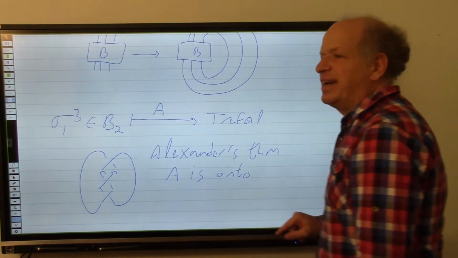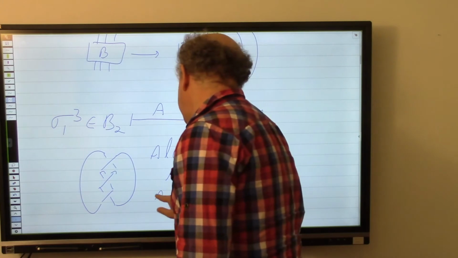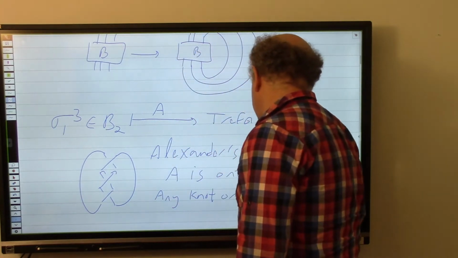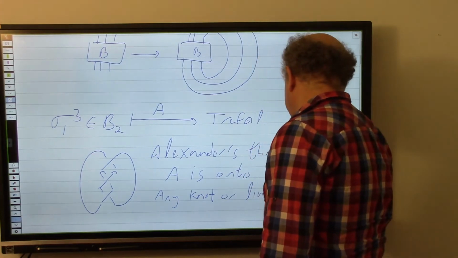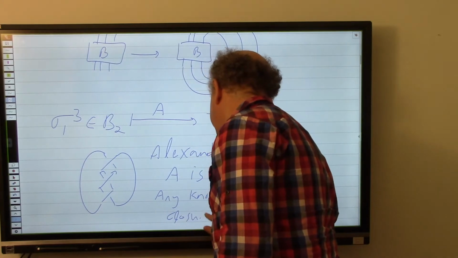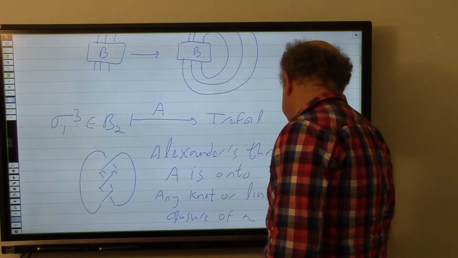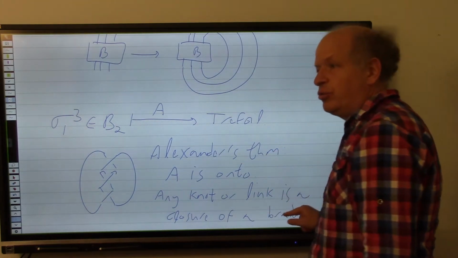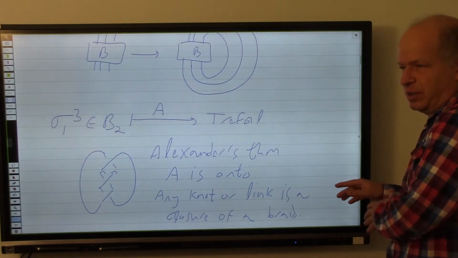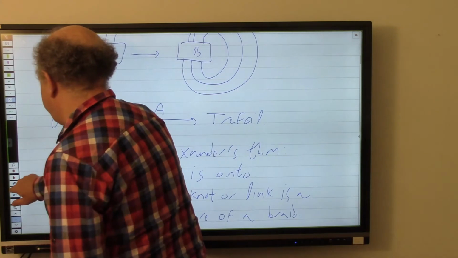In other words, every knot and link, so any knot or link is a closure of a braid. Not a unique braid. There are many braids whose closures are the same. Okay? But you can present every knot or link as a closure of a braid.